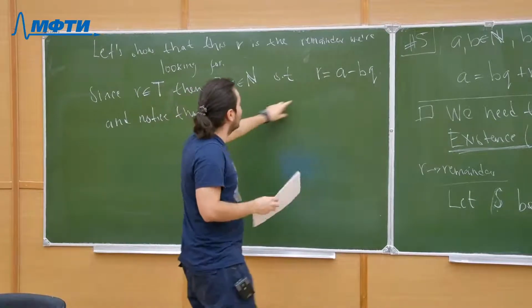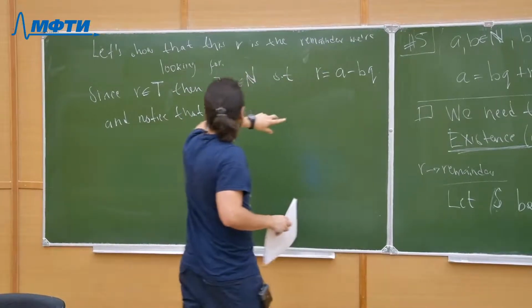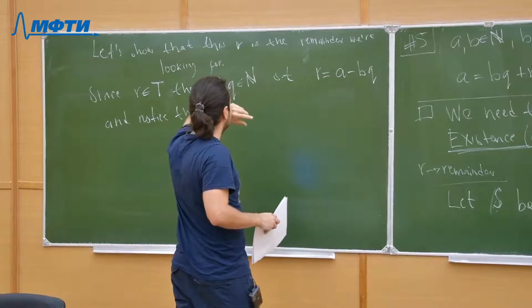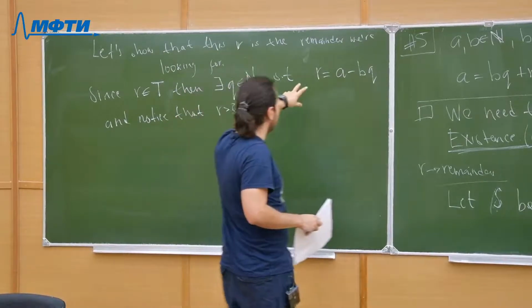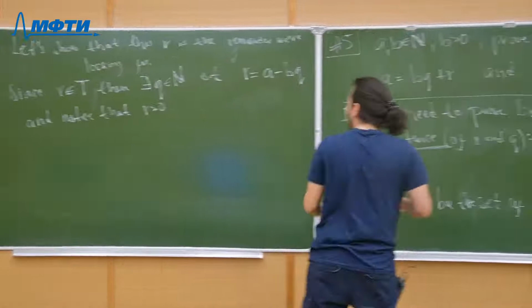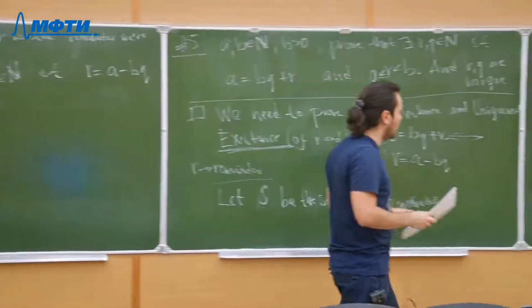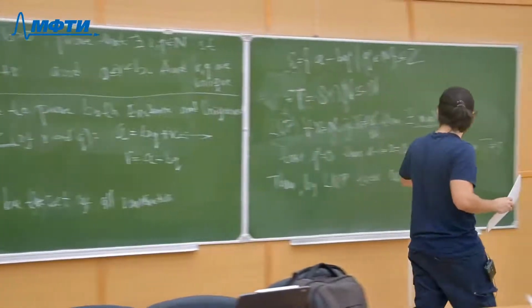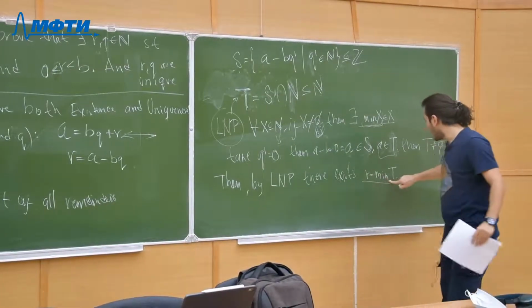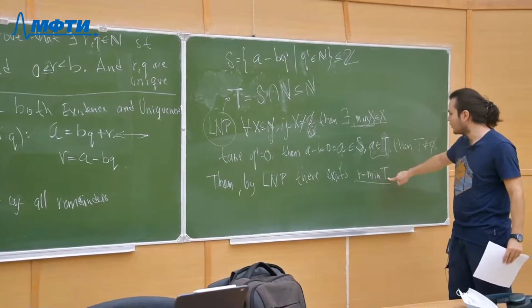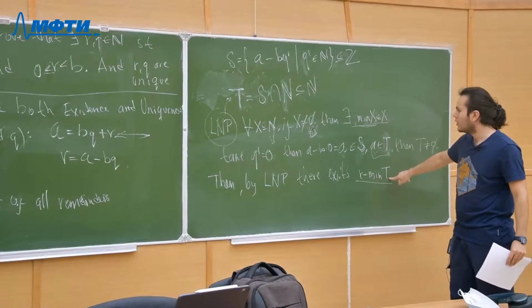We have A minus BQ here, and R is the minimum element of T, right?